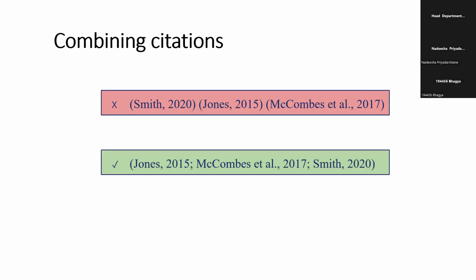Right. Then another important thing: combining citations, or multiple citations. If we want to emphasize more research, let's take one statement, our usual example: the level of adoption of integrated reporting is very low in Asian countries.